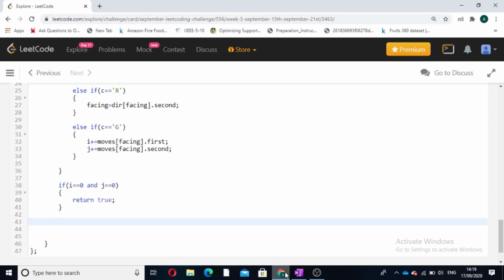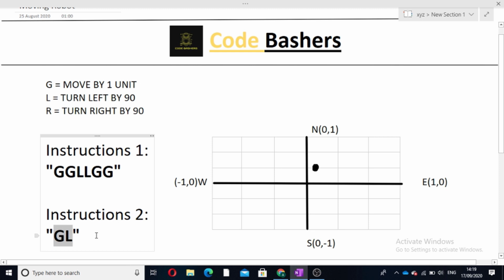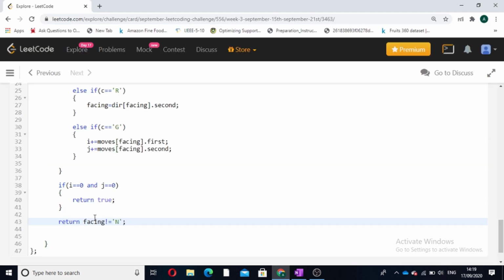So in this case, if our current facing is not equal to north, then we will return true, else we will return false. Like in this case, after this instruction was completed, our current facing was west and it was not equal to north. So it will return true in this case.